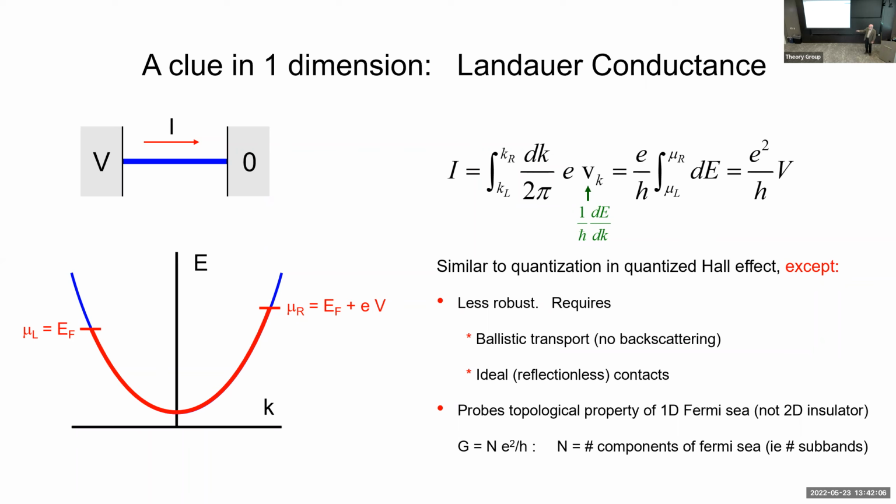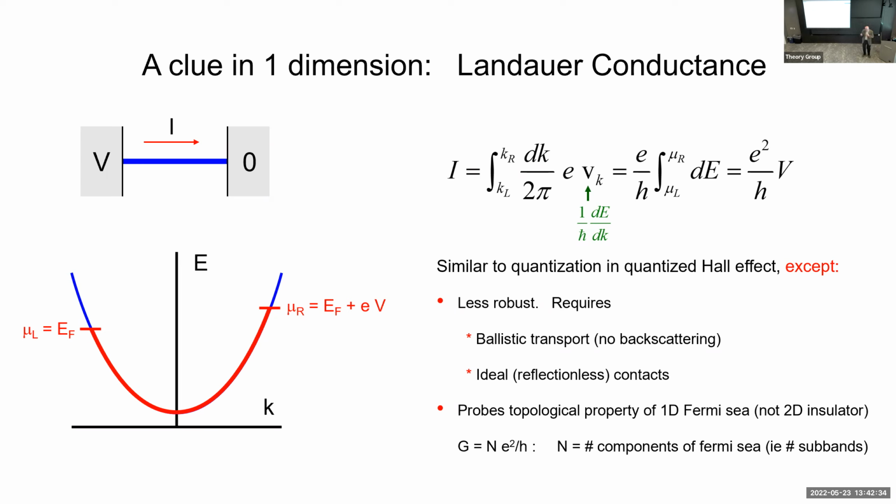Okay, so if an electron is going along to the right, it could bounce into an impurity and bounce back to the left, and that would change this result. Whereas the beauty of the quantum Hall effect is that you spatially separate the left moving and the right moving electrons so that they can't backscatter. Okay, so it's sort of the same as the quantum Hall effect, but it's not as good.